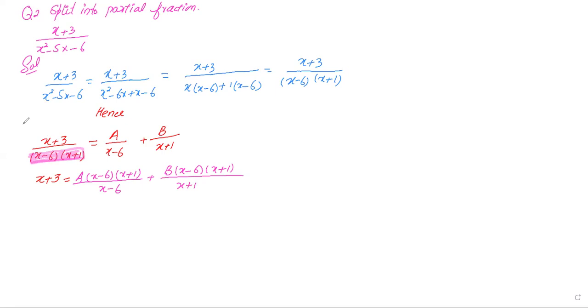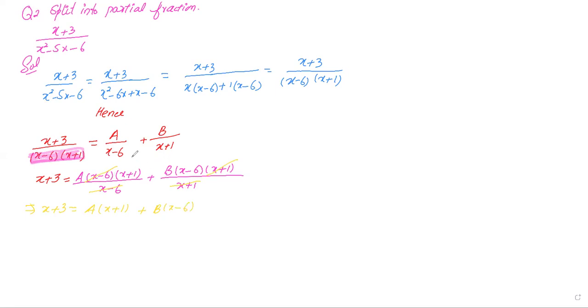Now all the denominators are cancelled out: (x − 6) is cancelled by (x − 6), (x + 1) is cancelled by (x + 1). So I will get x + 3 equal to A times (x + 1) plus B times (x − 6).